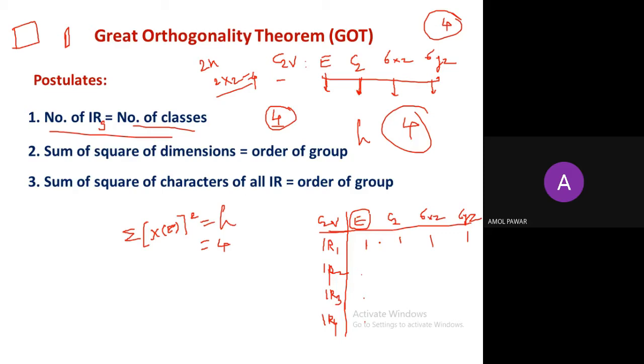So here we have written 1 because each character table of a point group must have one totally symmetric irreducible representation. Then how to write?